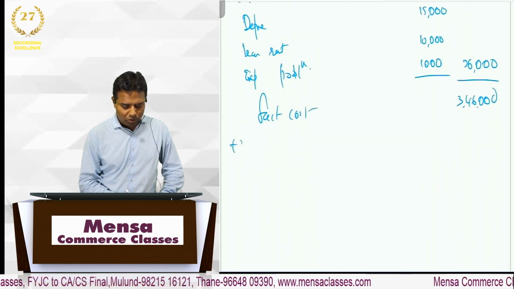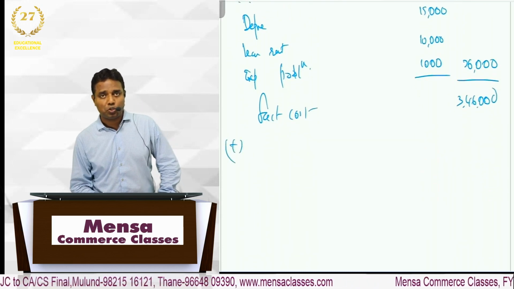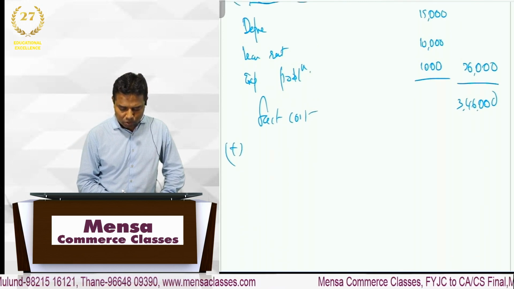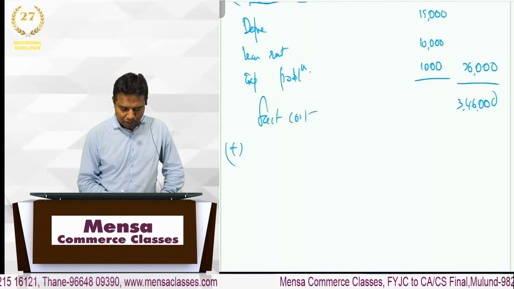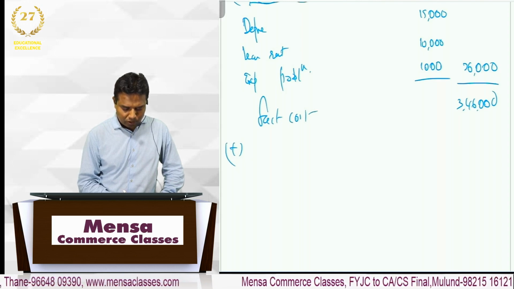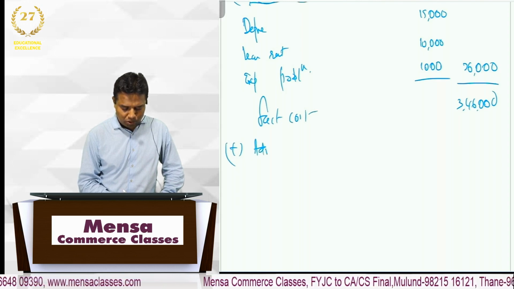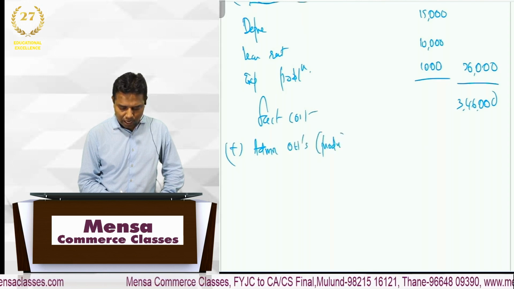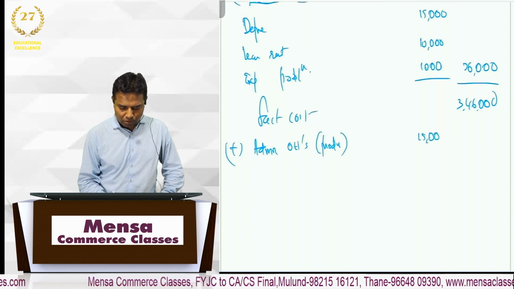Then you'll add all those things which we had, which were to be added with the factory cost, going in a sequence. So we'll first start with administration overheads, production related. So admin overheads, production related we had. So inner column 15,000.